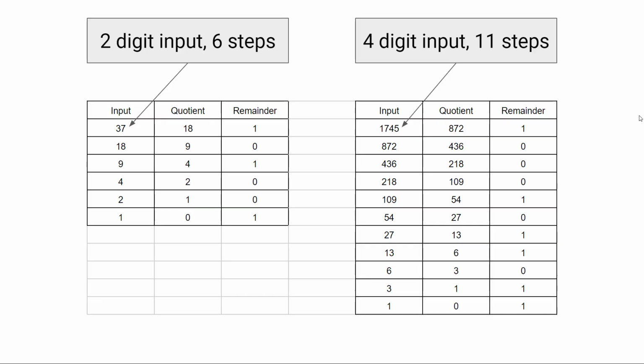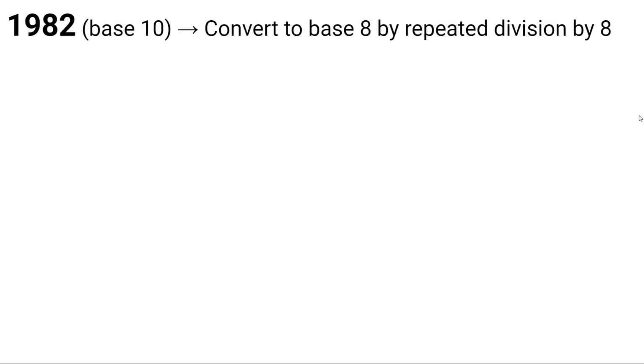Another great thing about this algorithm is that it can be modified to convert a decimal integer into any base, not just binary, simply by changing the number we divide by. For example, if we wanted to convert the number 1982 from decimal to octal, just run the same process but divide by 8.